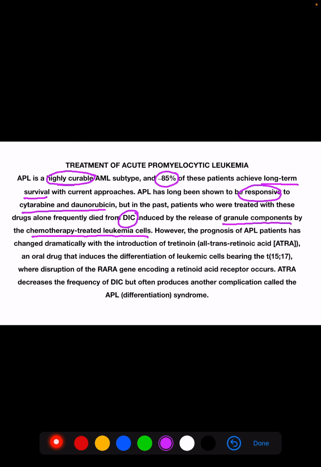But the prognosis of APL patients has changed dramatically.